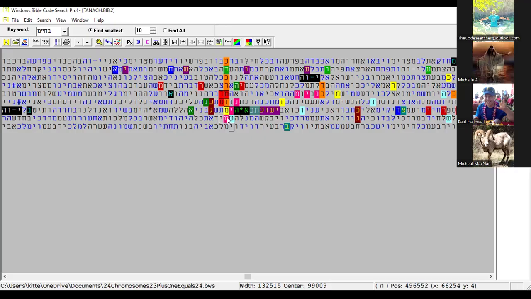So basically, the Y chromosome is the chromosome that determines the sex of the child. So this is an amazing pictogram right here.